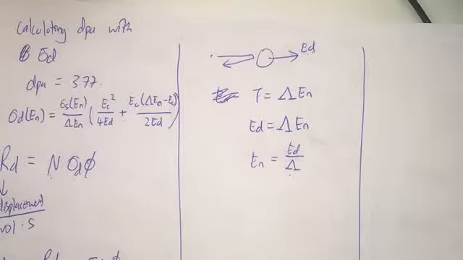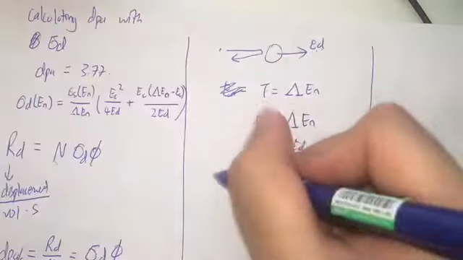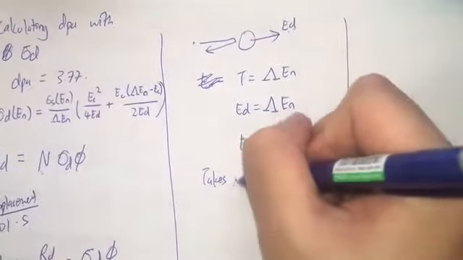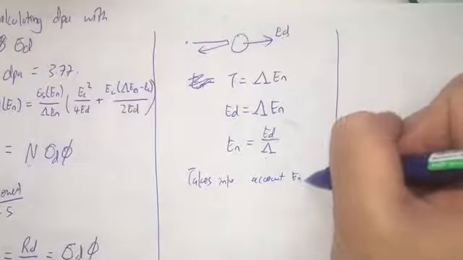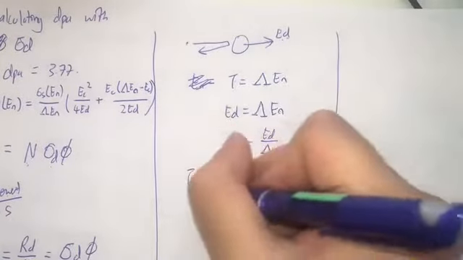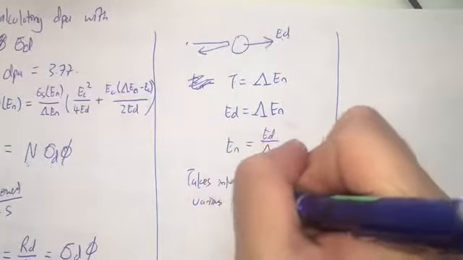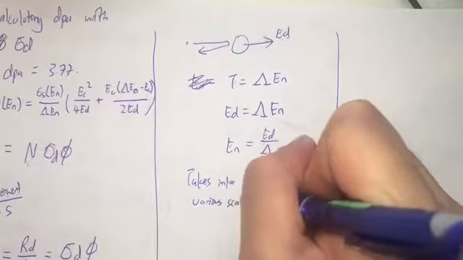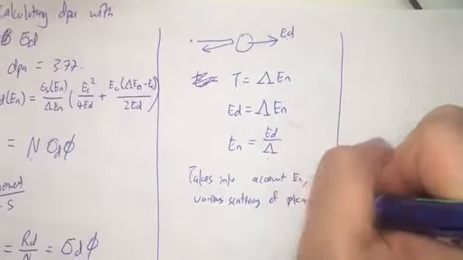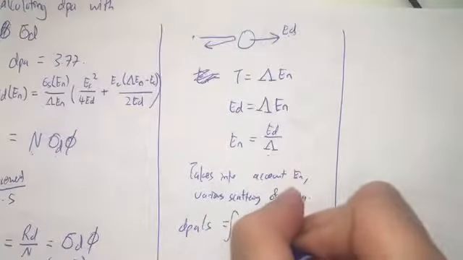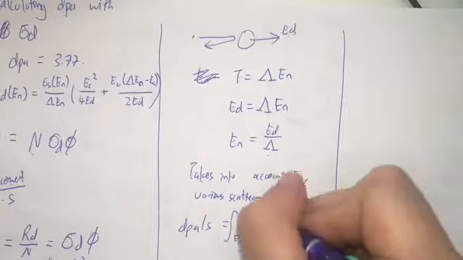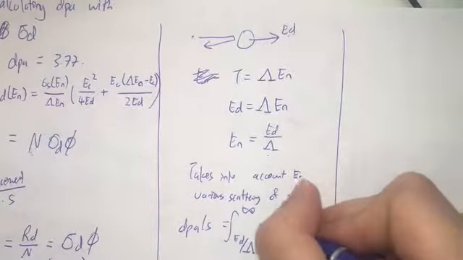Now, if you want to calculate this, this is to take in the energy of the neutron. This takes into account the various scattering of PKA. So this is the DPA per second from ED over lambda to infinity.